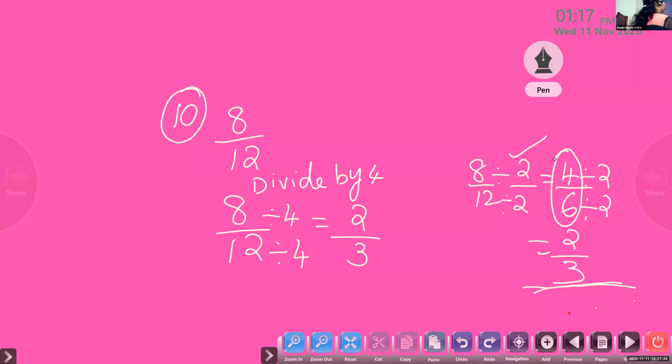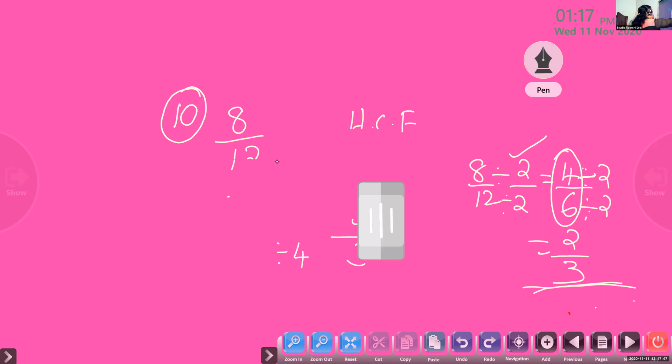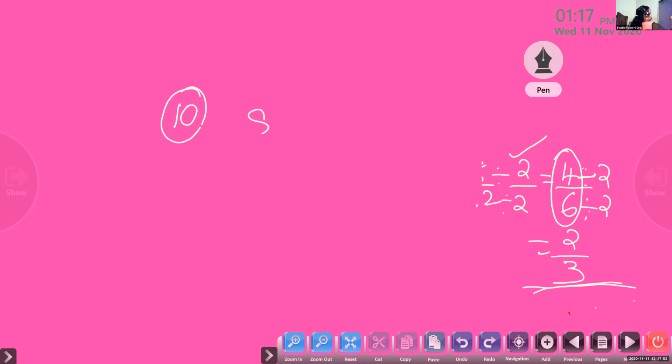That is not in the lowest form, that means you have to divide by 2 again. So divide by the highest common factor, HCF. Here HCF is 4, so you can directly divide by 4, you will get 2 by 3. So you can write, children, 8 by 12 is equal to 2 by 3. This step is enough. You are finding 8 by 12 in its lowest form. The answer is 2 by 3.